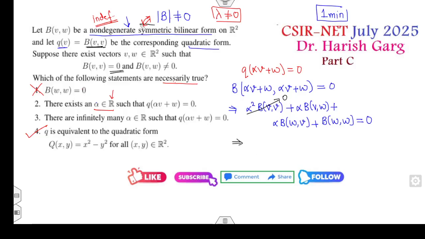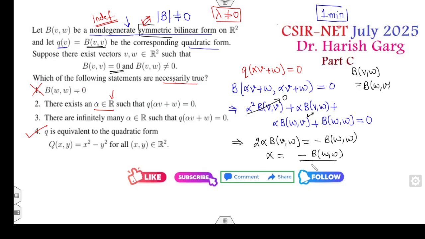Again, the matrix is symmetric. Therefore B(V, W) and B(W, V) are the same, so both these numbers are the same. I can write 2 alpha B(V, W) equal to minus B(W, W). Because B(W, W) is not 0, I can find the value of alpha, which is a unique number, because clearly the denominator is non-zero.